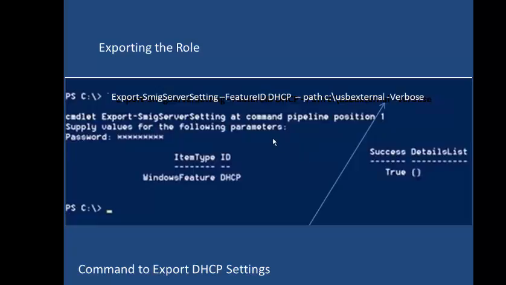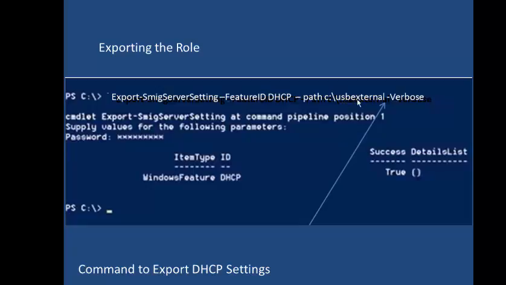The next thing you want to do then is to export the role or feature. And the role that we're looking to export is the DHCP role. To export the role, we need to type at the PowerShell prompt, Export-SmigServerSetting -FeatureID DHCP -Path, and the path we have here is C:\USV\external.